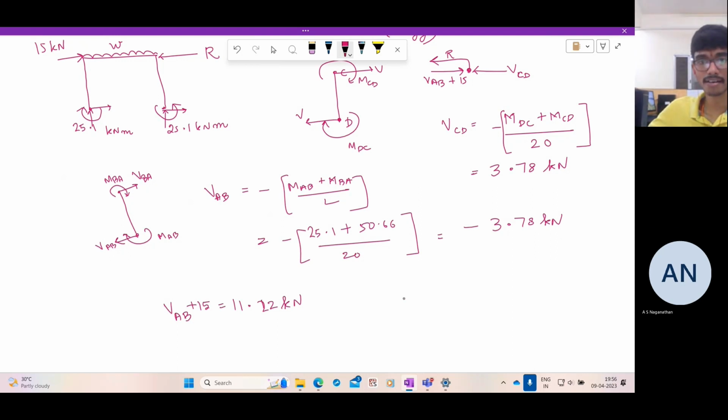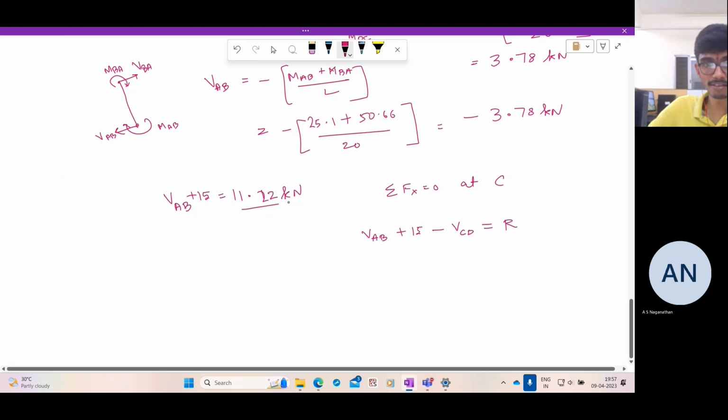And what is R? If you establish equilibrium for the joint C, so sigma Fx equal to 0 at joint C, you get VAB plus 15 minus VCD is equal to R, which means VAB plus 15, we already got it as 11.22.